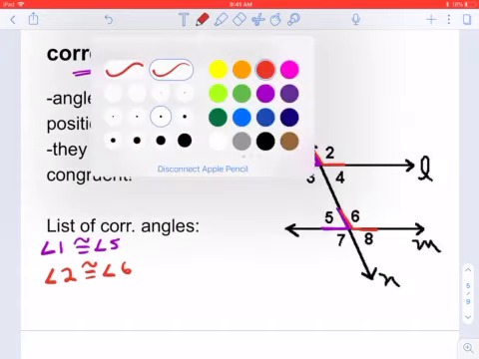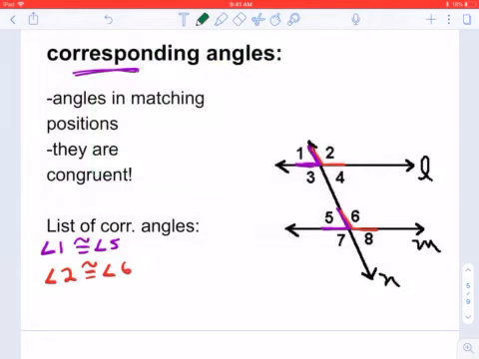All right, change colors again. Let's try green. If we do angle 3, that's at the lower left. So which angle from below is also in the lower left? Yep, angle 7. So since angle 3 and angle 7 are corresponding, we know that angle 3 is congruent to angle 7.